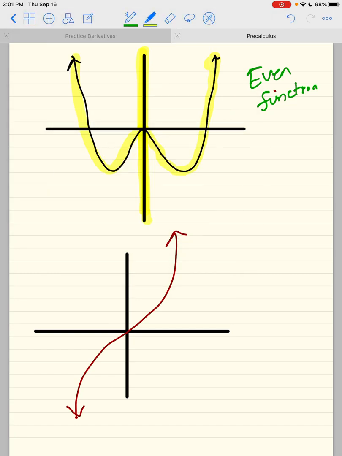Here's your origin. This flips over the origin, and this is what we call an odd function. So if you are symmetrical with respect to the y-axis, you are even, and if you are symmetrical with respect to the origin, odd, okay?